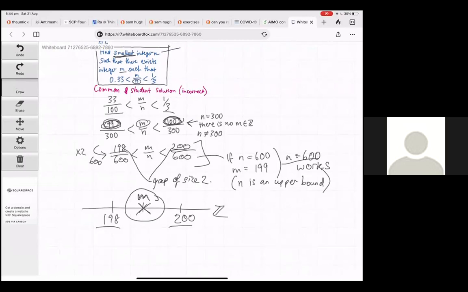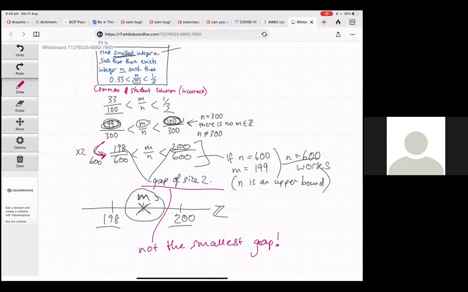But the mistake was that a gap of size 2 is not the smallest gap that you can get. And also people didn't even justify this when they gave the answer. People just sort of skipped from 300 to 600 and said that 600 was the answer, without actually justifying why that was the smallest such n.